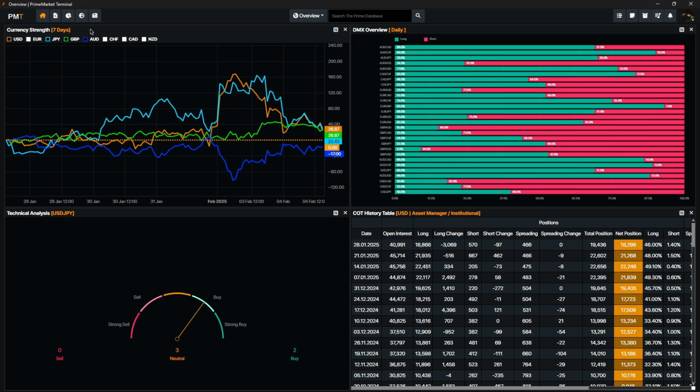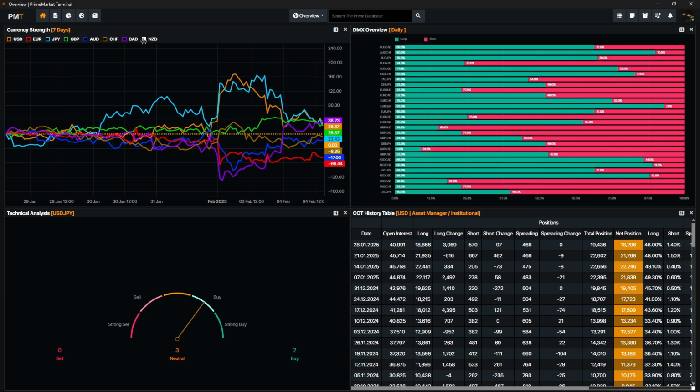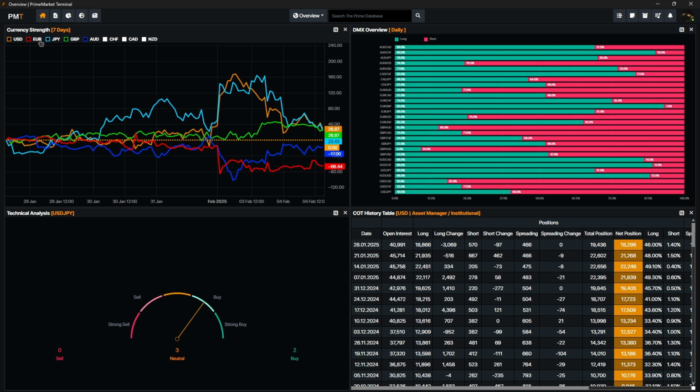So you have currency strength for the last 7 days, and I only have the ones that I trade visible. So you can see you have euro here, you can make visible Swiss franc, Canadian dollar, the New Zealand dollar, but I don't trade New Zealand dollar, Swiss franc, and the euro. So I only have the dollar, yen, pound, and the loonie that I trade.